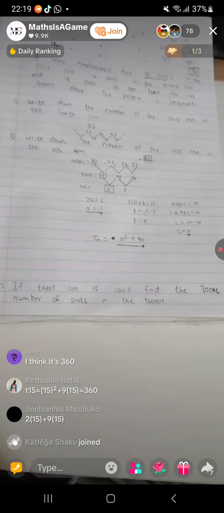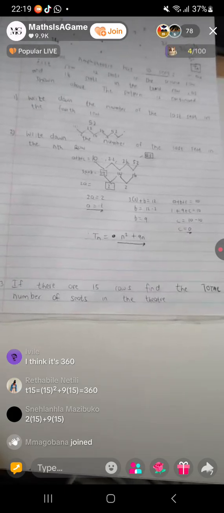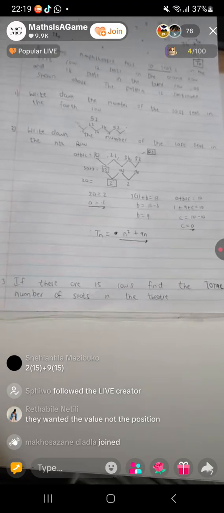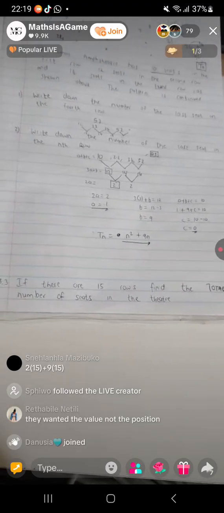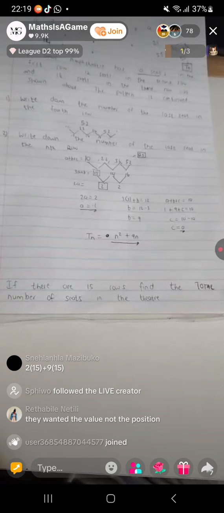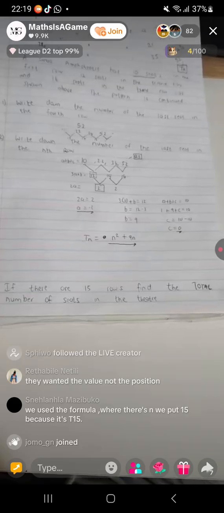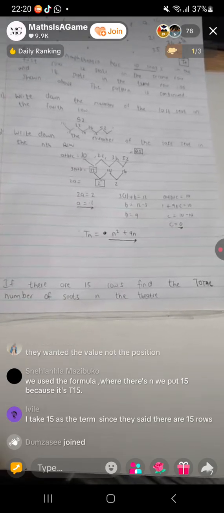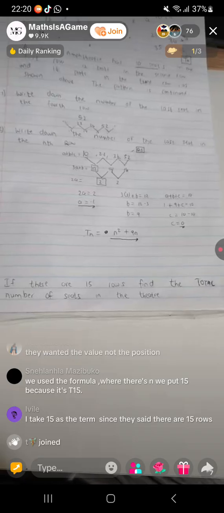Okay, Snetland, I'm guessing you were saying 15 squared, not 2 times 15, because 15 squared and 2 times 15 is not the same thing. Ritabile says they wanted the value, not the position.